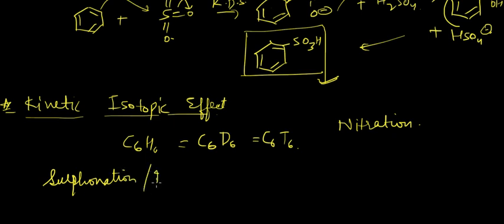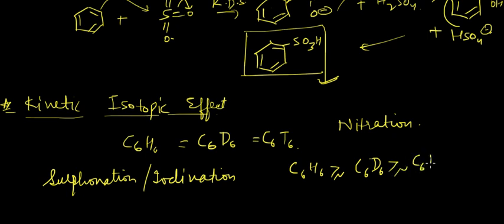iodination, what we find experimentally is that the rate is surprisingly of the order of this. Although there is not much difference between the rates, they are comparable, still this is the general order.